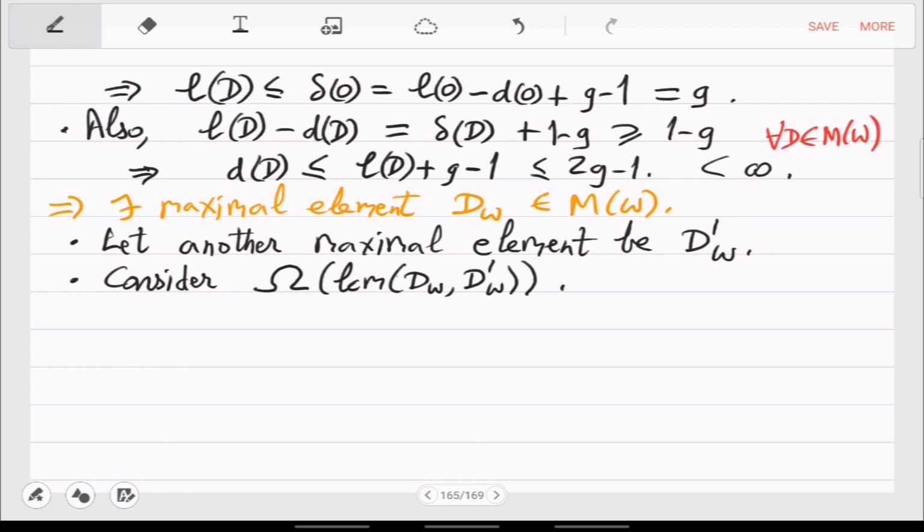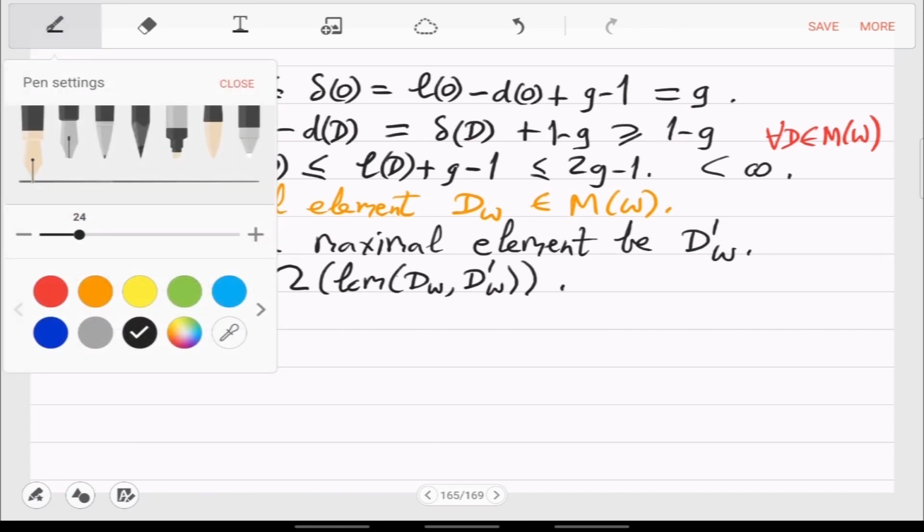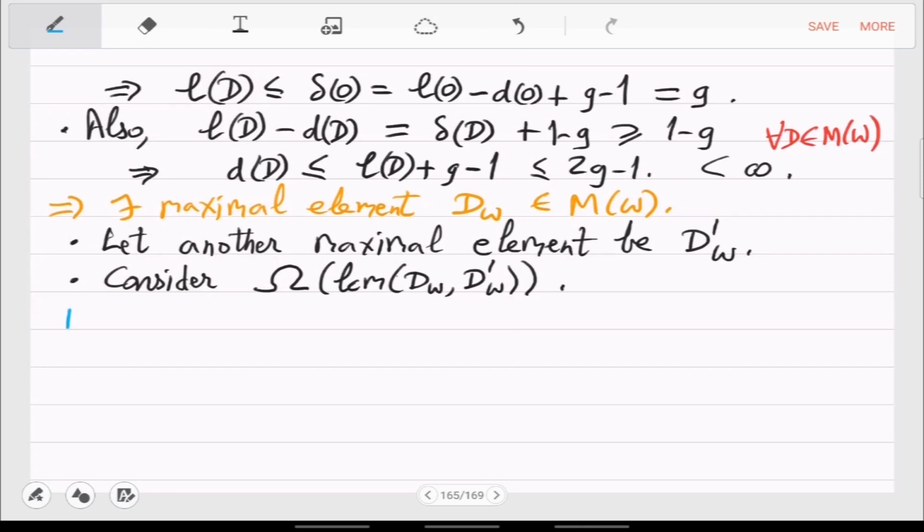We want to contradict that. How do you contradict? You basically show this property: omega of LCM is equal to the intersection of the omegas. Why is that true?